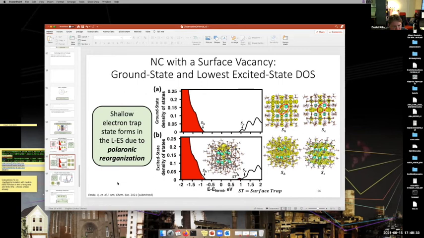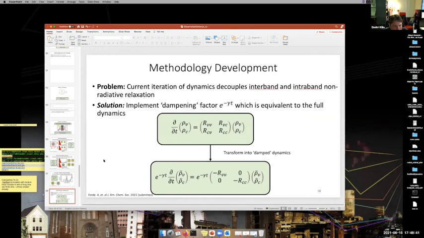Slide number 58. What is gamma? How does it relate to R sub VC and R sub CV? So they are equal.